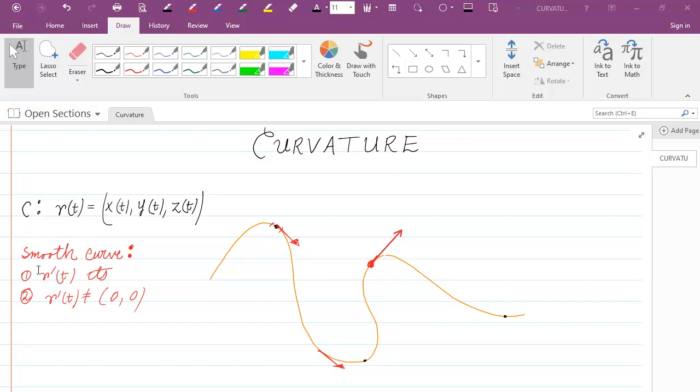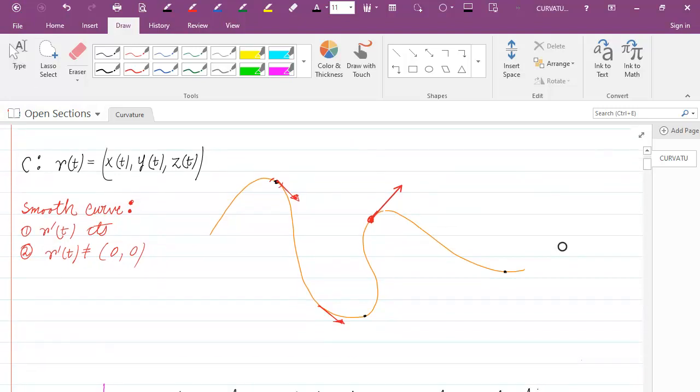So when we say we have a smooth path, it means that the velocity is continuous and the velocity is never equal to the 0 vector. Now, the second condition ensures that the path doesn't have a sharp corner.